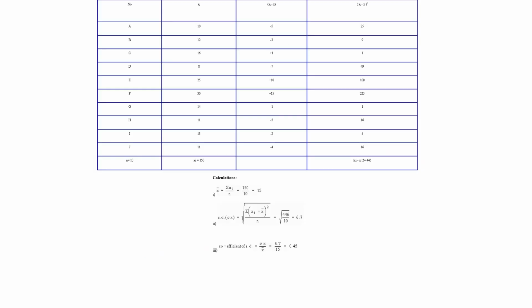So a problem is given, how to find it out. xi is given, we take the summation of xi, and n is given. To find xi minus x bar, we first find x bar, that is summation of xi divided by n. Dividing, we get x bar, that is 15.